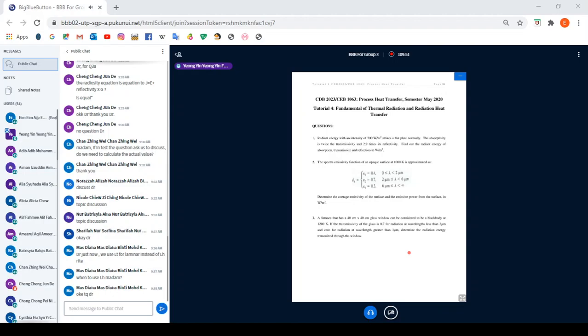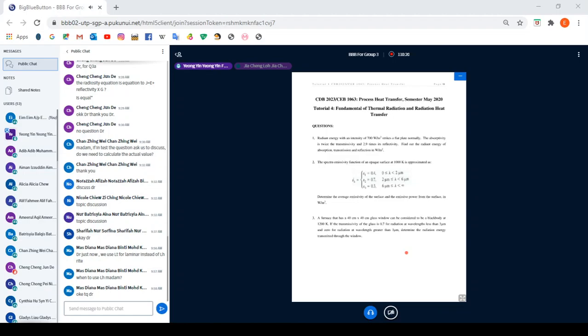Okay, it's almost 10 o'clock. Students, I can take one last question. Doctor, the log mean temperature, sorry, not mean temperature. Can the log mean temperature be a negative value?